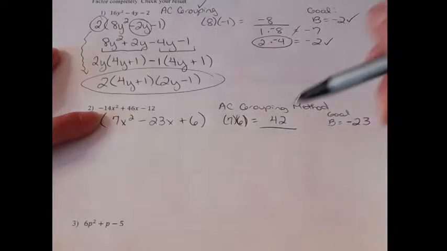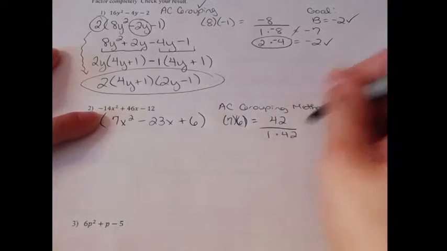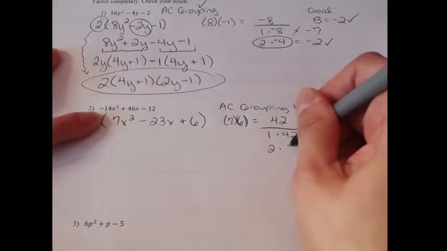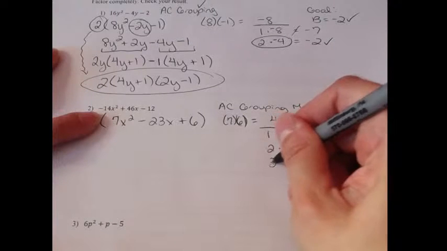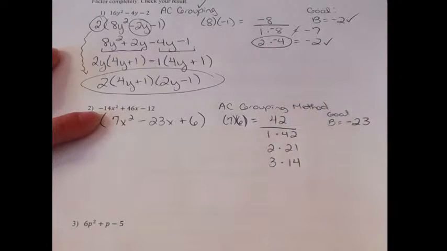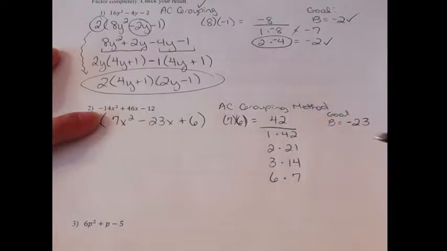So let's write out my factors of 42. I have 1 times 42, 2 times 21, I know 3 can go into 42, so it's 3 and 14, and then 6 and 7, of course. Cool. So here are all my factors of 42.